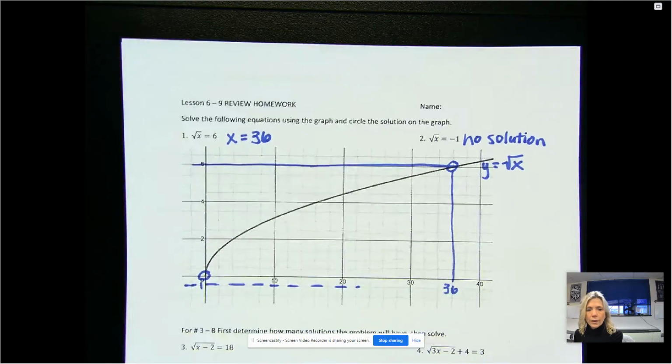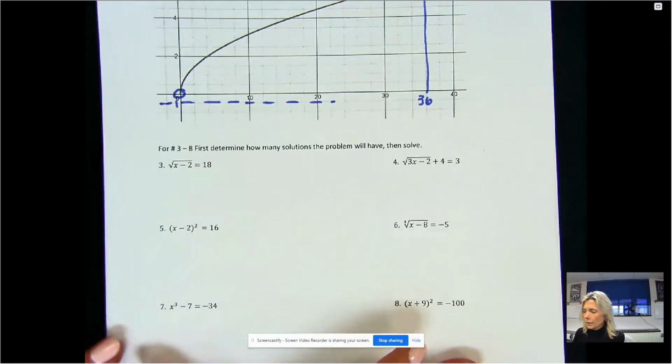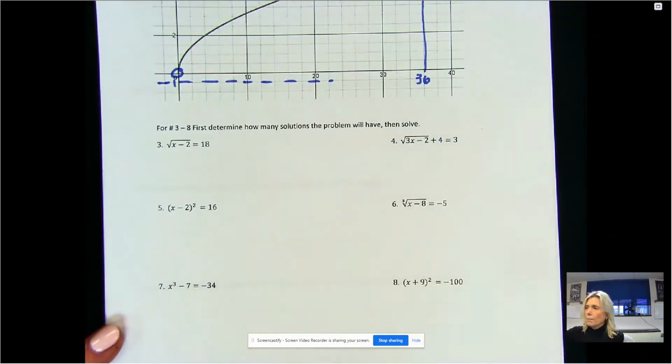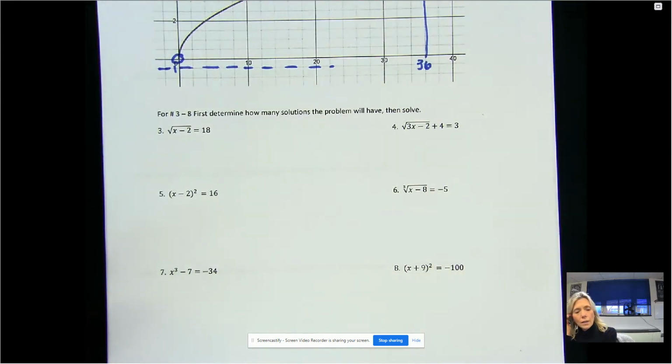All right. So if you were in class today, we talked a lot about how you know how many solutions an equation could have. So before getting to these problems, I'm just going to do a quick little post-it note. I made some posters in class today as well.